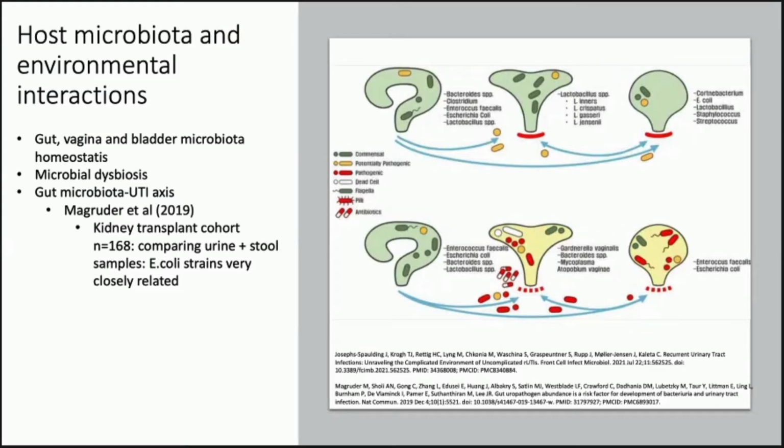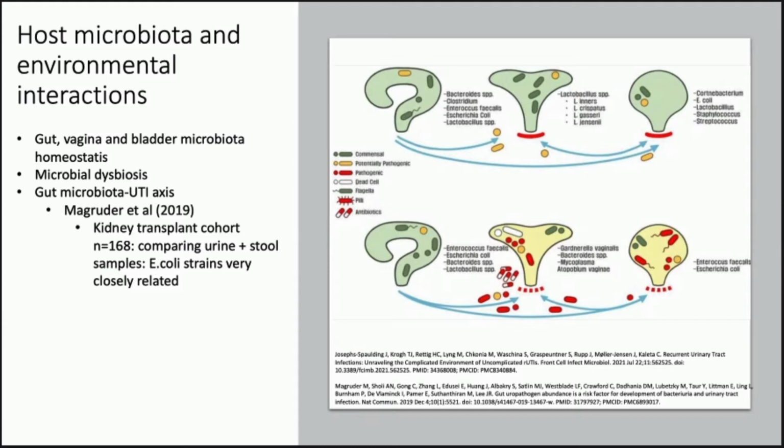So in terms of the bacteria being present across the different systems, previous evidence suggested that perhaps women with UTIs have a different strain of bacteria in their urine and their gut. But Magruder and colleagues performed a study to assess whether the gut microbiota is a risk factor in the development of recurrent UTIs by collecting paired urine and fecal samples.